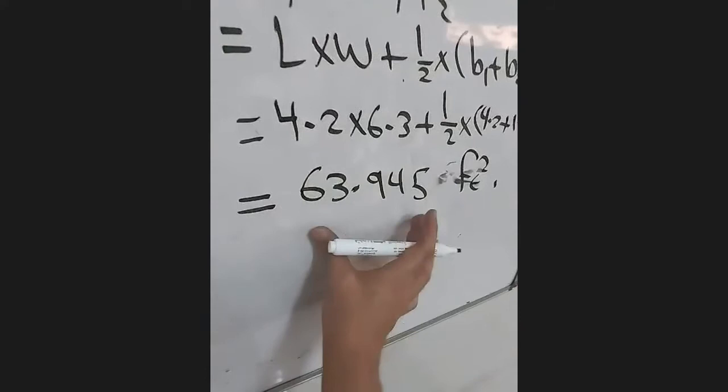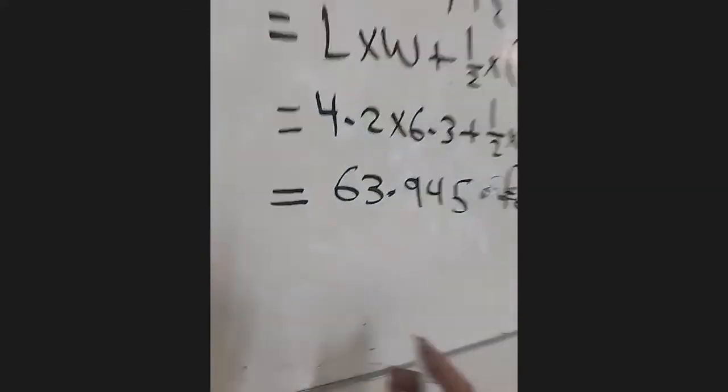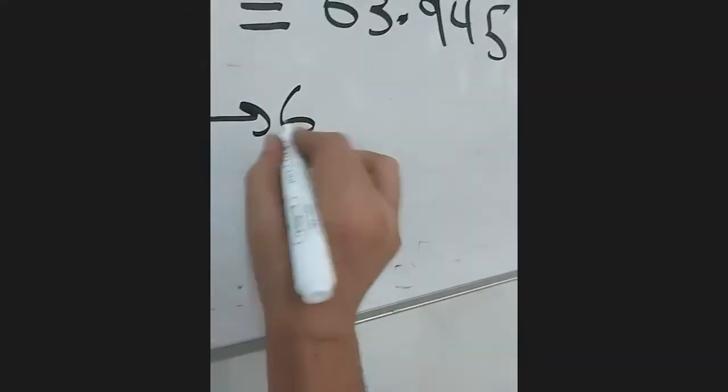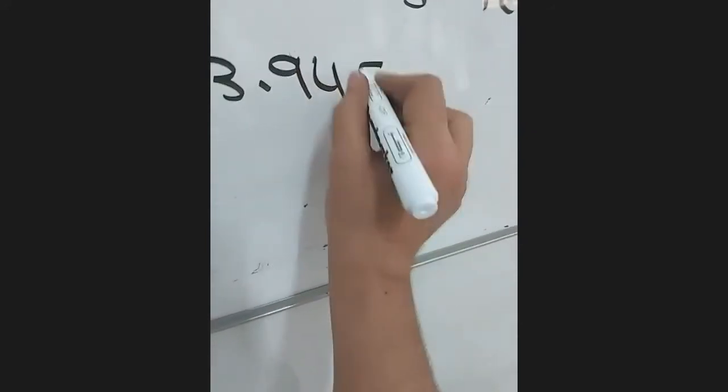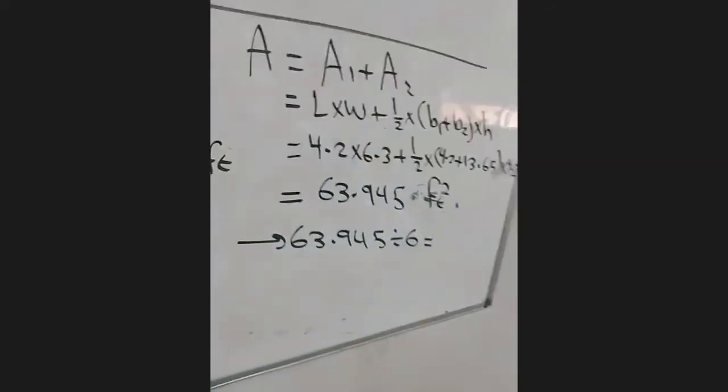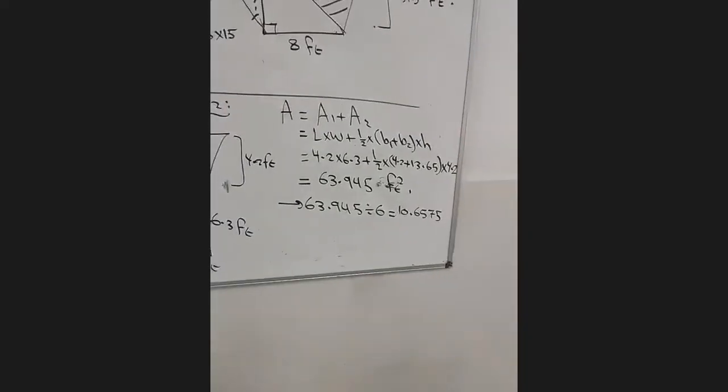So I will divide this area by 6 to know how many 6 squares are inside the whole area. 63.945 divided by 6 will be 10.6575. I didn't round. I want the exact value.